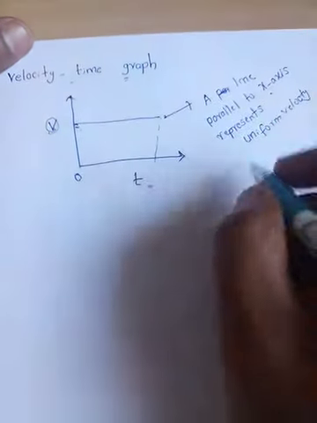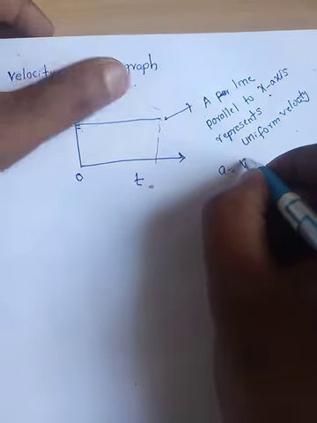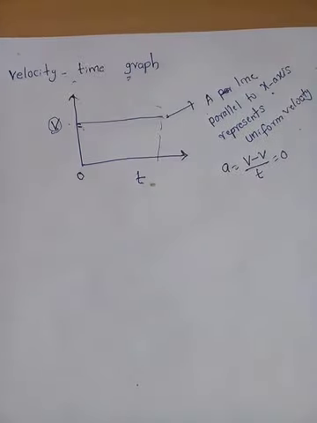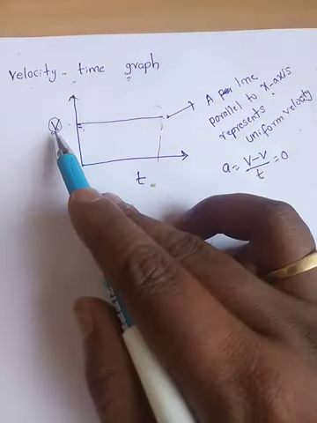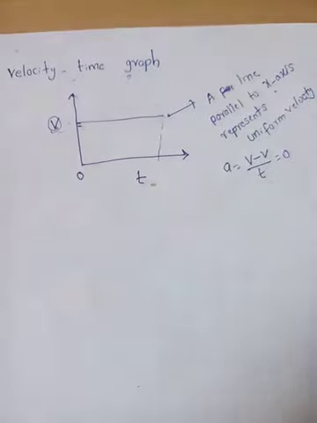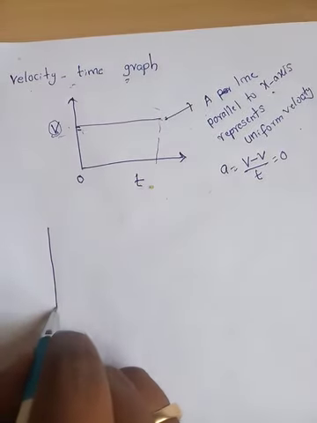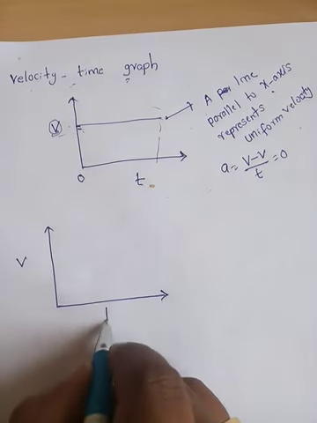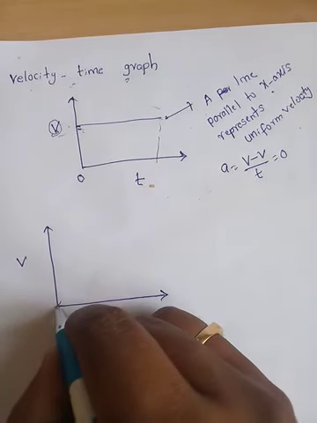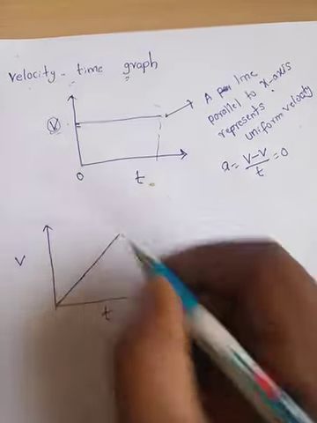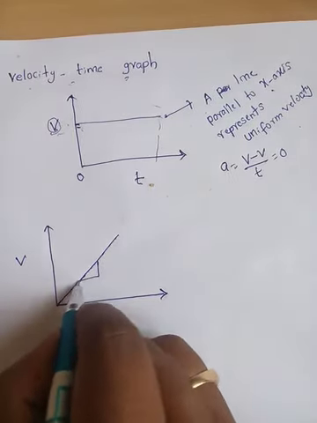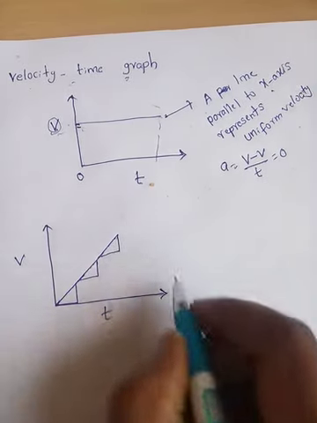Now there is no change in velocity, right? Acceleration is equal to what? Final velocity is v, initial velocity is v, time taken is t. So the acceleration of a body moving with uniform velocity is 0. Next, here if we take the slope anywhere, what are you getting?